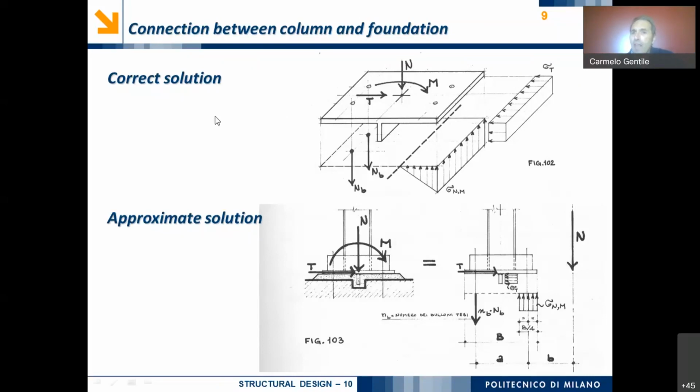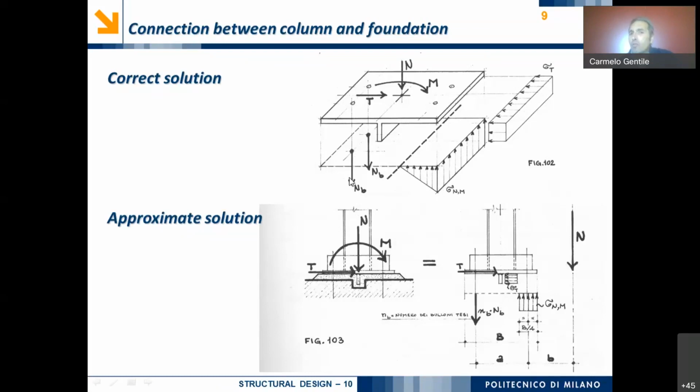So it rotates by remaining plane. If it rotates by remaining plane, it means that the stress in the contact concrete will be proportional to the Young's modulus of the concrete.